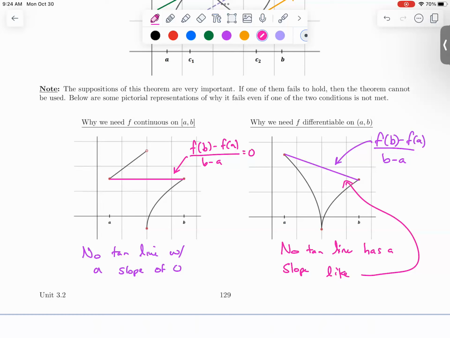Now, there is a very useful application of it. Well, not useful, but somewhat useful, which is called Rolle's theorem. Now, I'm a little rusty on the history of it.